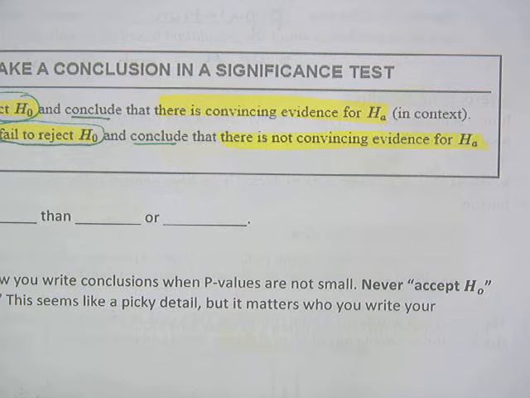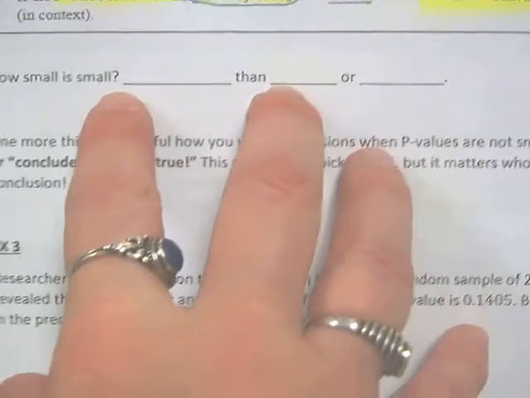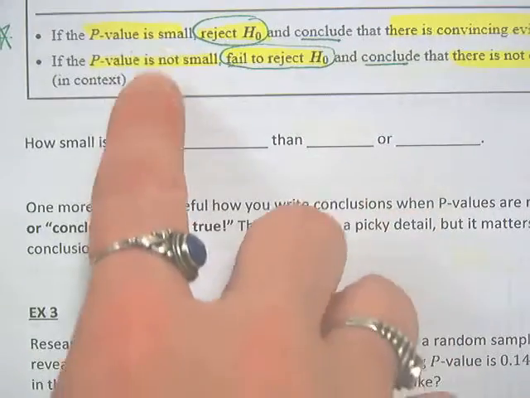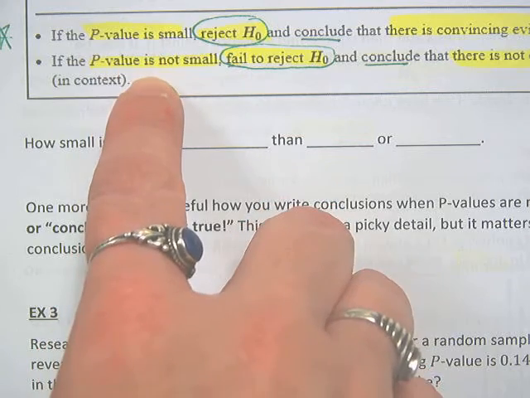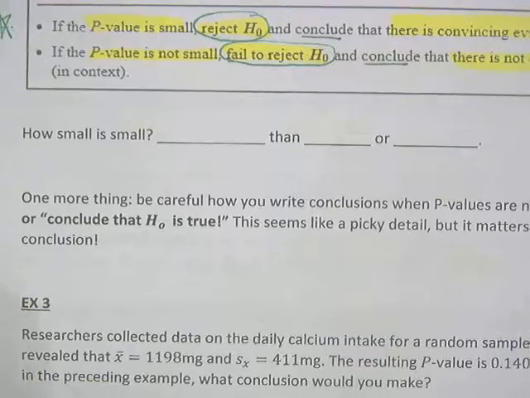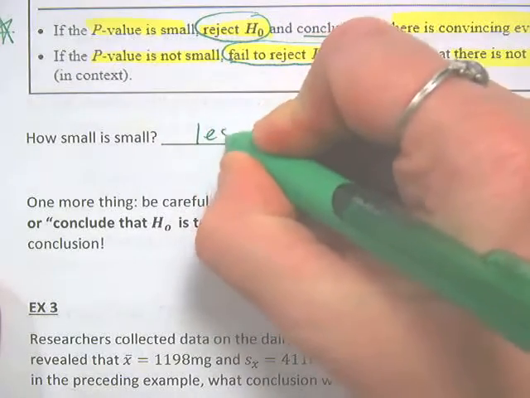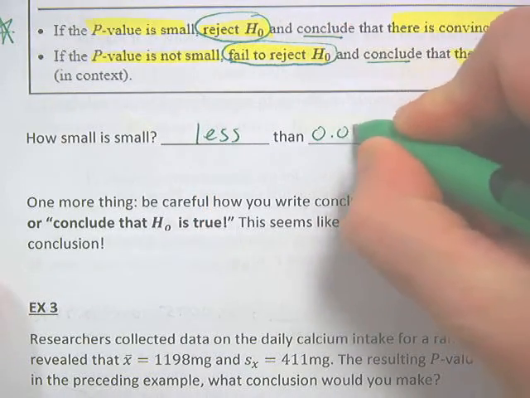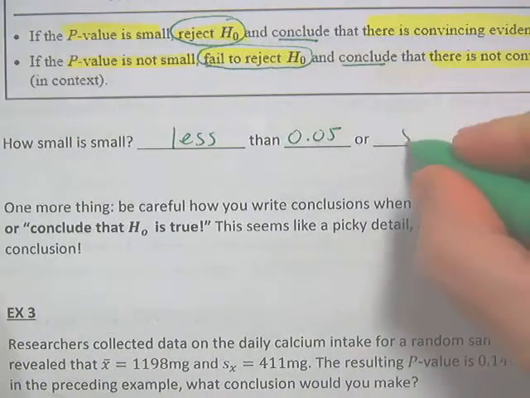If you have no idea what's going on, just hang in there, okay? Because this is all very abstract until you start to work some problems. Notice how it says if the p-value is small or not small. What in the world is that? Well, our threshold is it's considered small if it's less than 0.05 or 5%.